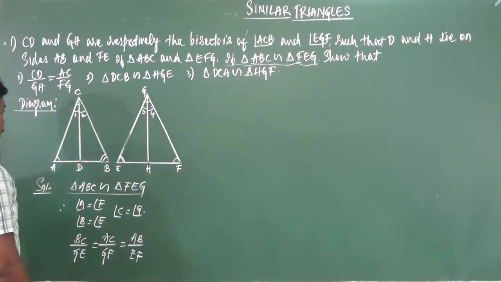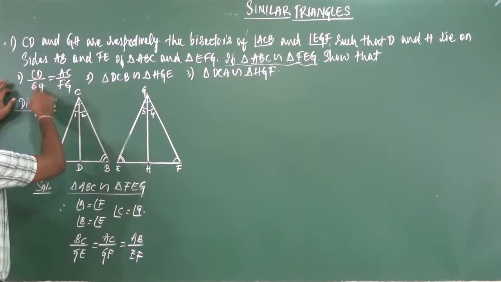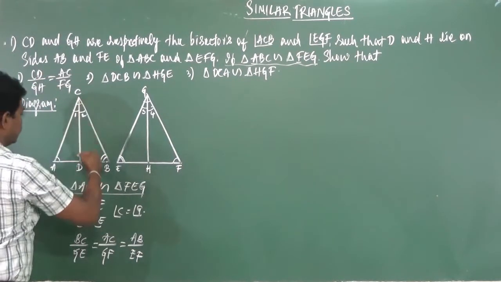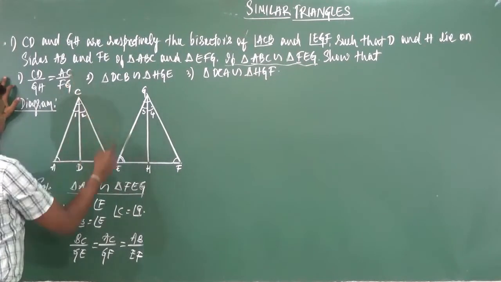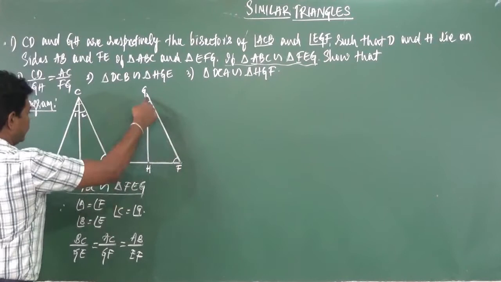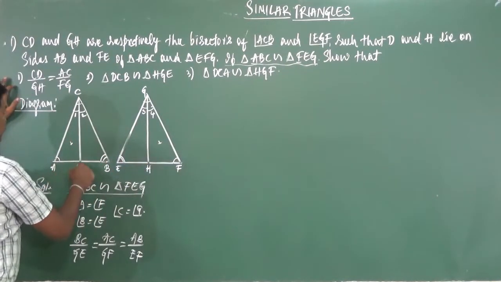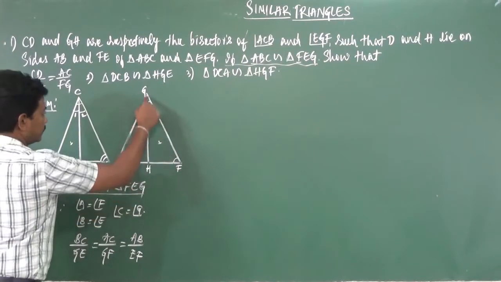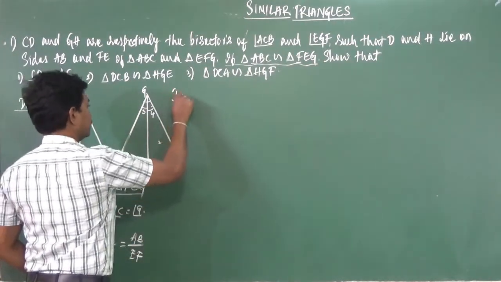So now, let us take the first one, CD by GH. Where it comes here. CD by GH is equal to AC by FG. So we will take these two triangles. So in triangle ADC and triangle GHF we will take.